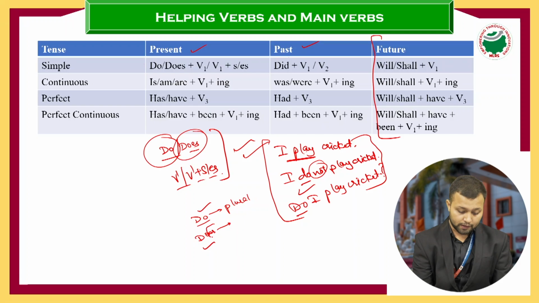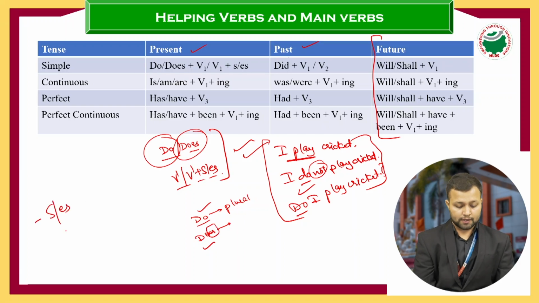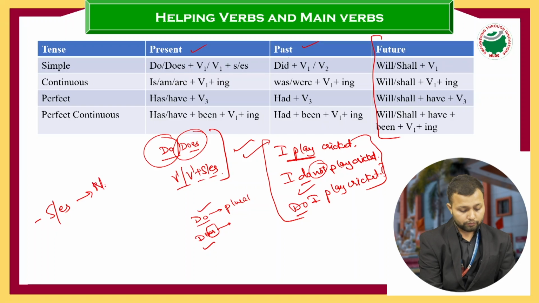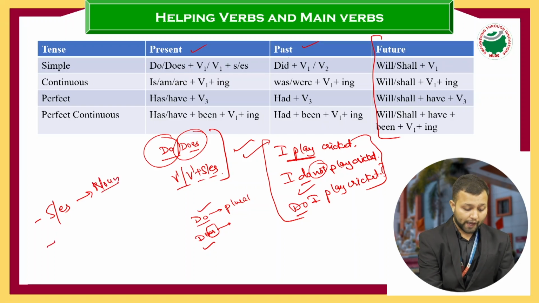Because es is added. We use s or es. We add s or es to some noun to make plural of it. But we use s or es with any verb to make singular of it.